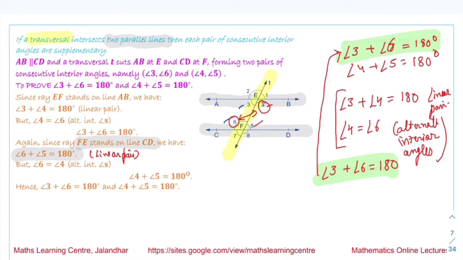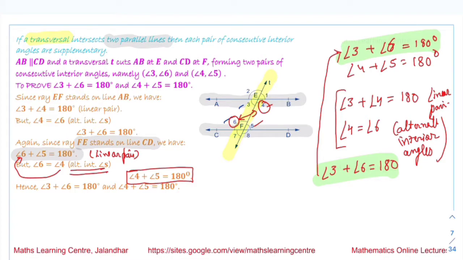Now angle 6 and angle 4 are equal because they are alternate interior angles. The same reasoning is there as we have done earlier. So if we substitute this value over here, you will get angle 4 plus angle 5 is equal to 180 degrees.